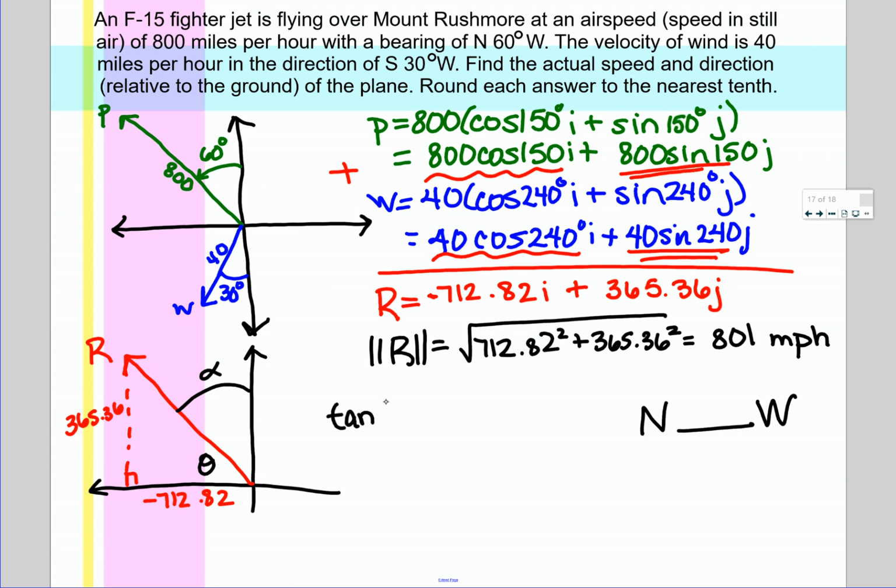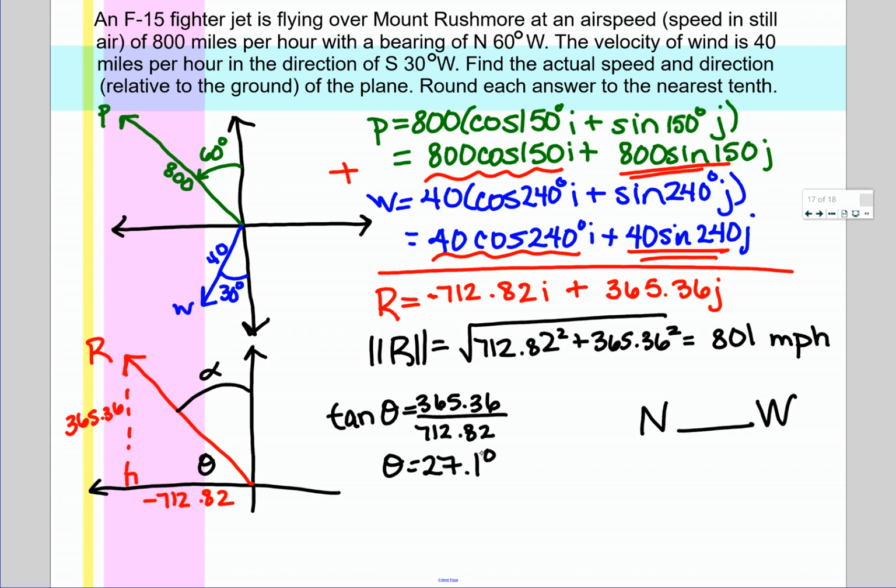Tangent is y over x. 365.36 over, you don't need the negative, 712.82, and just do your inverse tangent. The steps are the same every time, no matter what quadrant this is in. The only thing that's going to change is your direction, maybe. Helpful to have the picture, I think. So I get theta is 27.1 degrees.